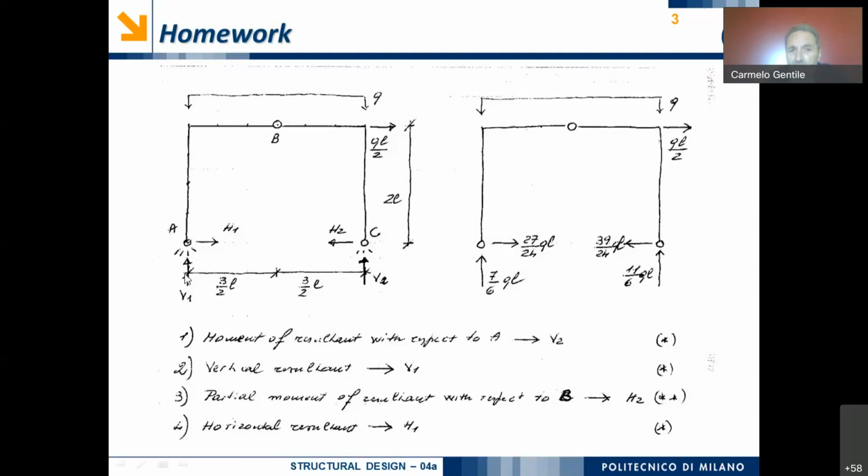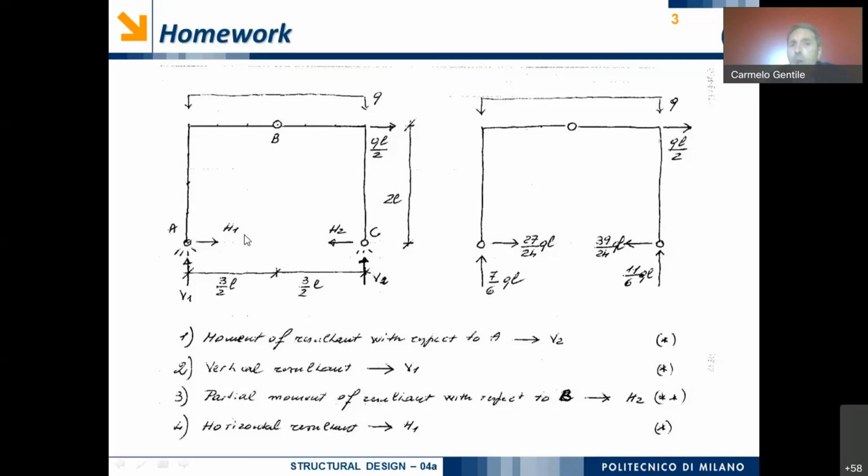By doing this, we can obtain the value of V1, because V1 will be equal to the resultant of these uniformly distributed forces minus the value of V2, and the value is 7/6 times QL.